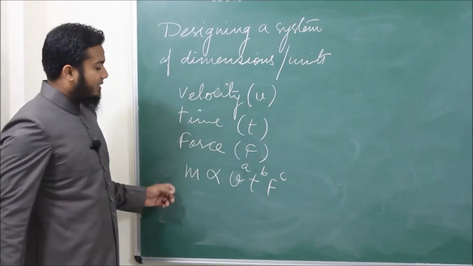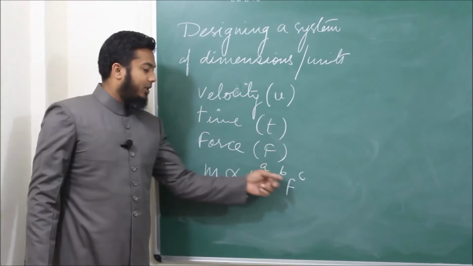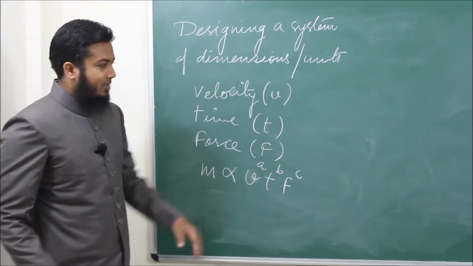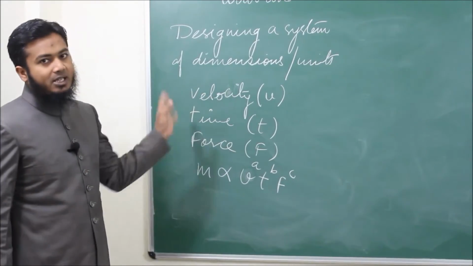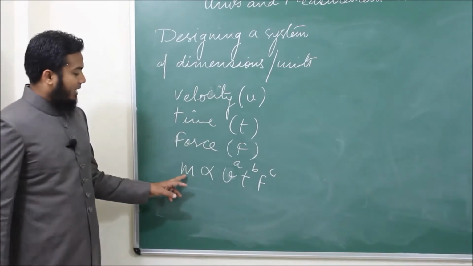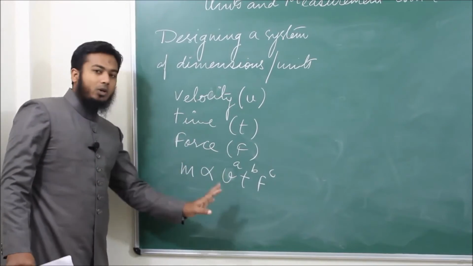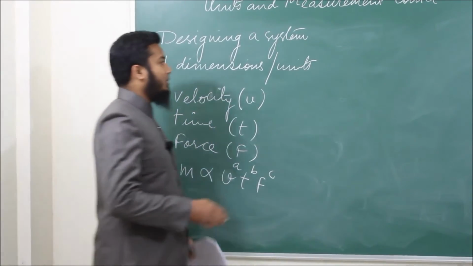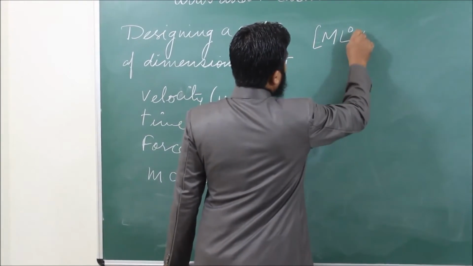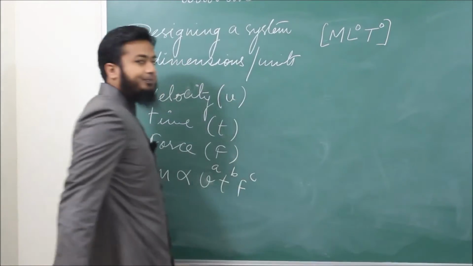Now, the dimensional consistency will allow us to calculate the values of A, B, and C. So if this formula is dimensionally consistent, then dimensions on the left hand side and right hand side must be the same. On the left hand side we have just mass. All the other quantities L and T are absent. So on the right hand side I can write M, L 0 and T is also 0.